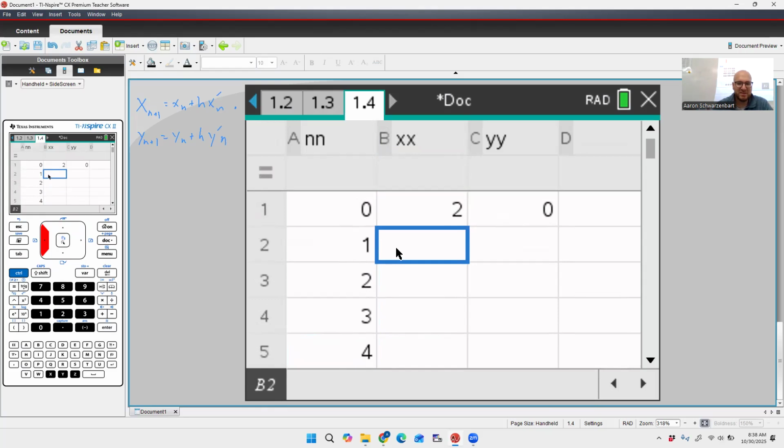And then this, remember we start with the equals, xn, the one before it, plus h times xp colon, A1 plus H for that next one.